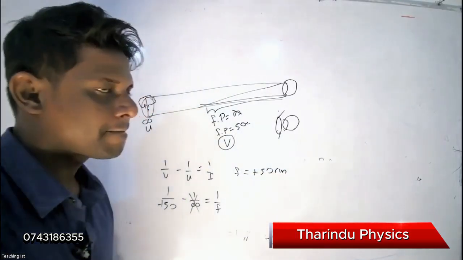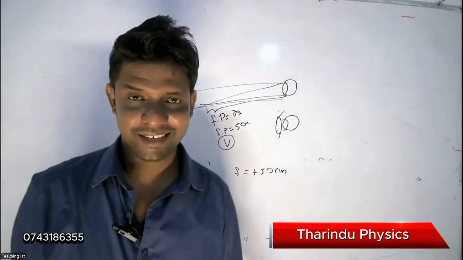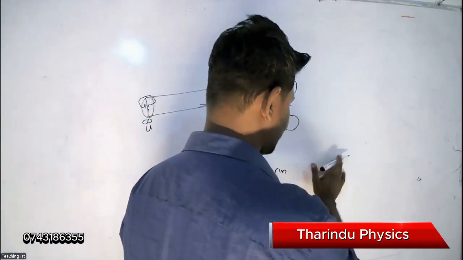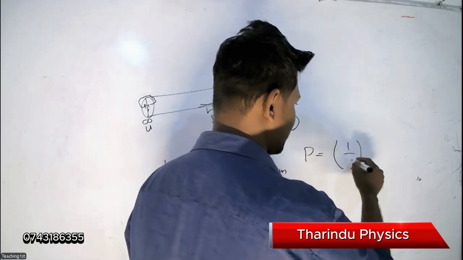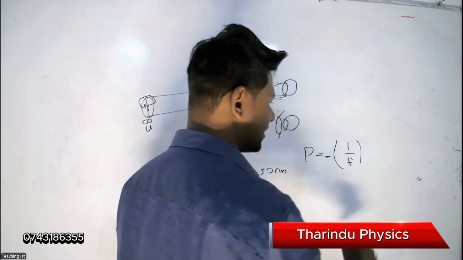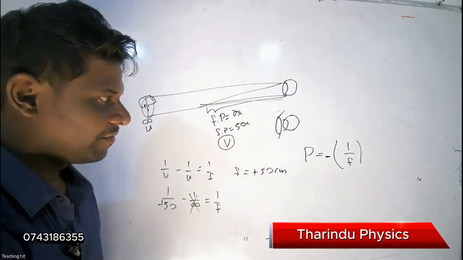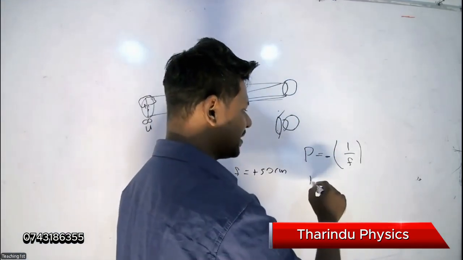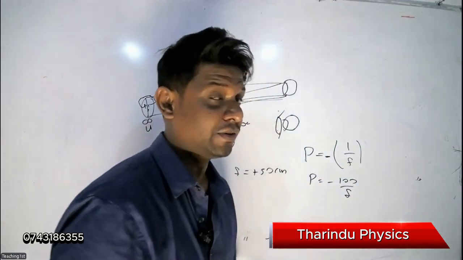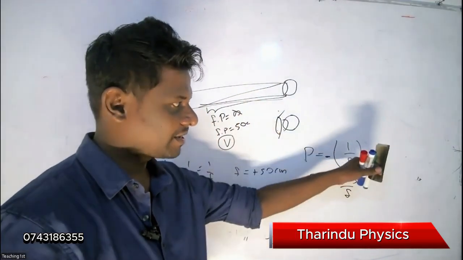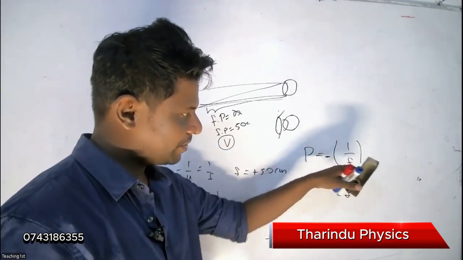centimeter. But for diopters, in the SI system, power is just 1 over F with a minus sign. Whenever you deal with centimeters, you'd better write it as 100 over F because you have to substitute everything in SI units. F is whatever the value divided by 100.